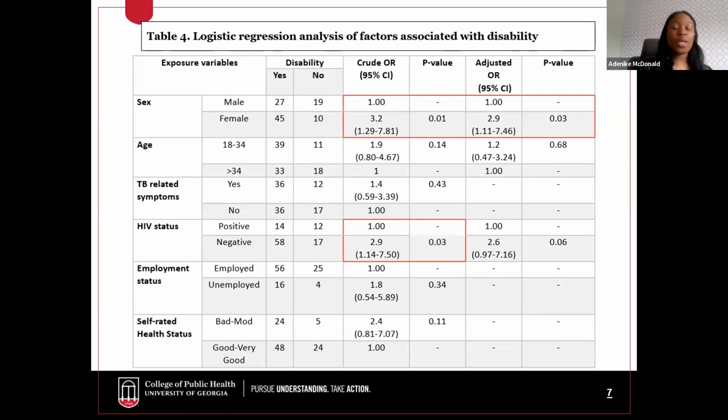And this could have led to an underreporting of any experienced symptoms or disability. After adjusting for sex, age, and HIV status, we saw where only sex remained significant, where females were now 2.9 times more likely to report a disability than males.